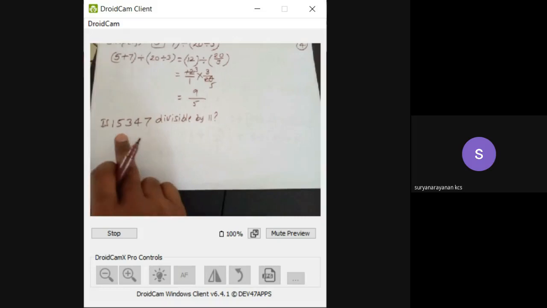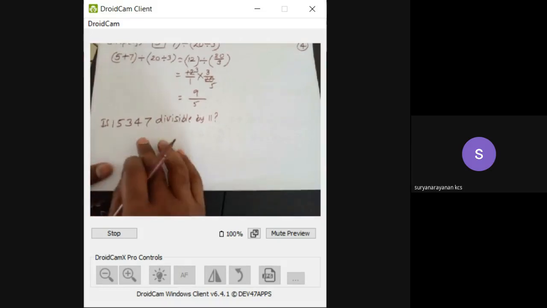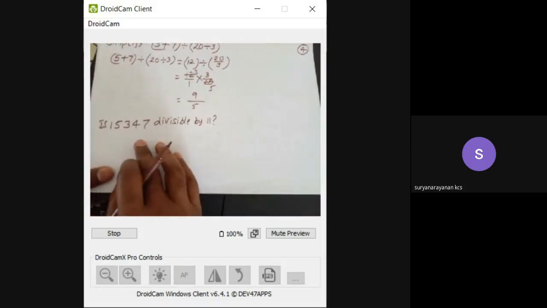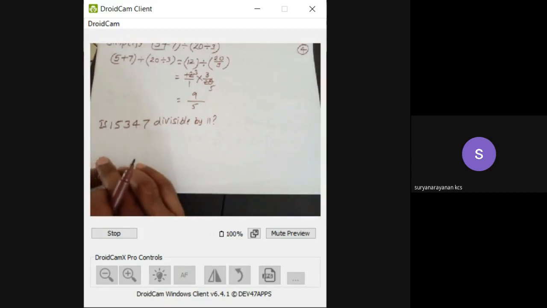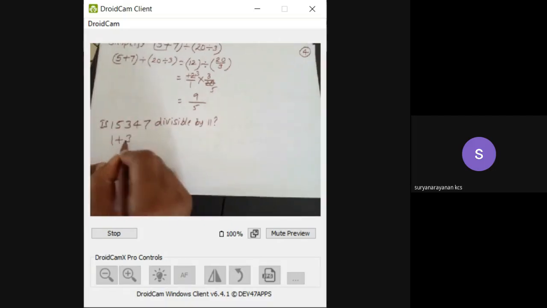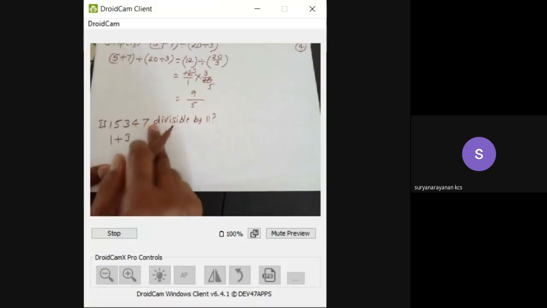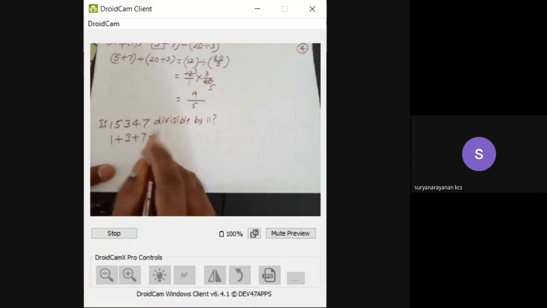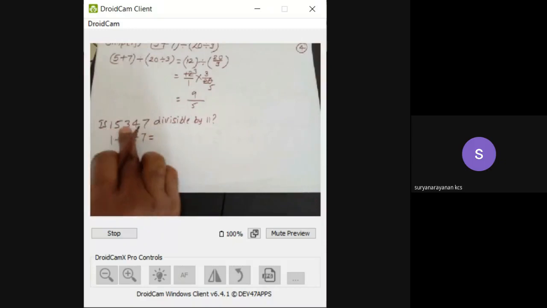See here, Nikita, are you watching? 15,347. In this number, first we take the first digit, leave the next digit, take the next digit, and leave the next digit, and take the next digit. Like this. You can start from the left side or from the right side.